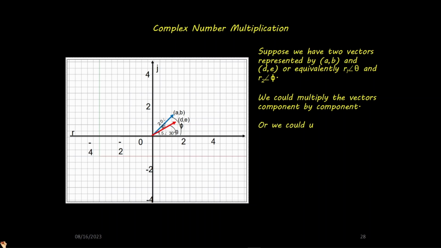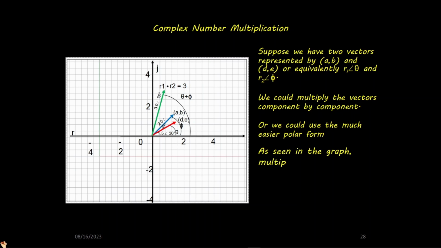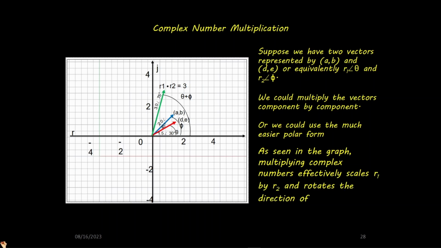Or we could use the much easier polar form. As seen in the graph, multiplying complex numbers effectively scales r1 by r2 and rotates the direction of r1 by the angle phi. This gives us a vector of magnitude 3 at 75 degrees.